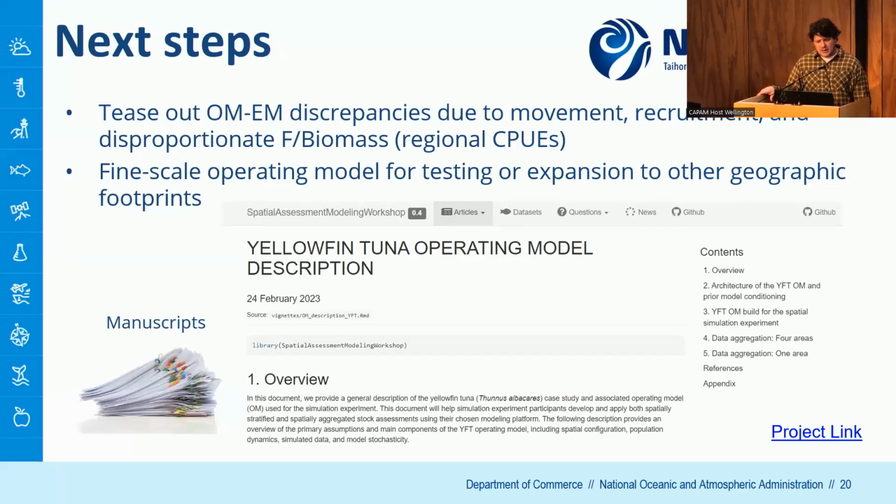Also, the fine scale operating model for testing or expansion to other geographic footprints we heard was a priority, or on a wish list anyways.